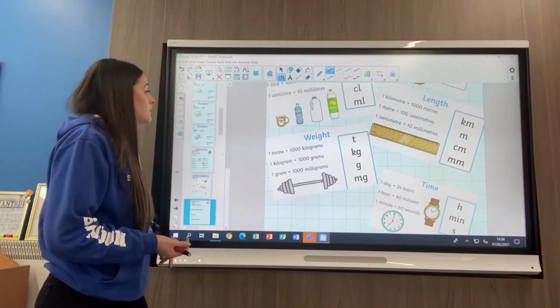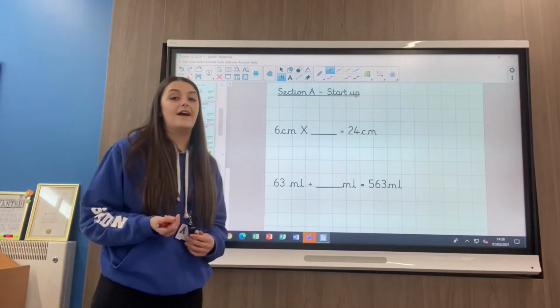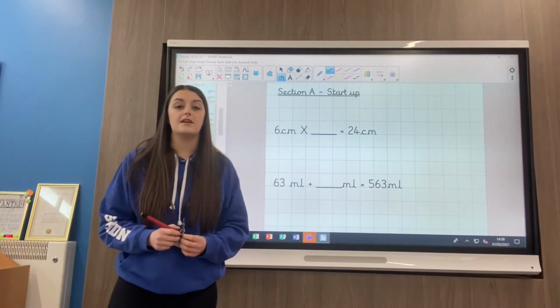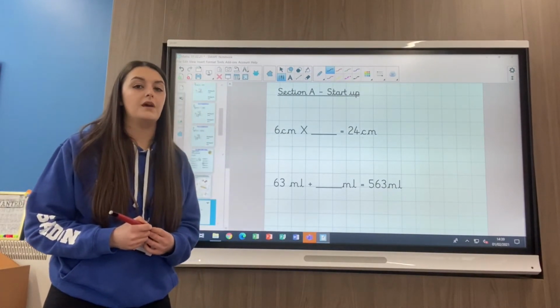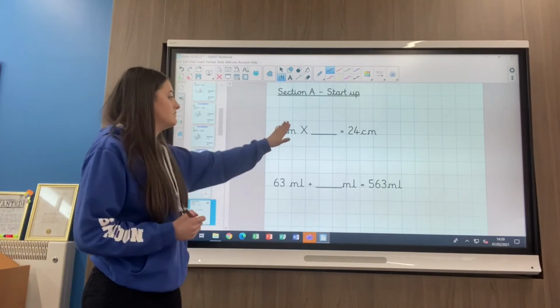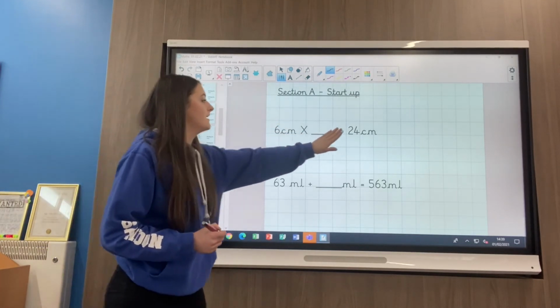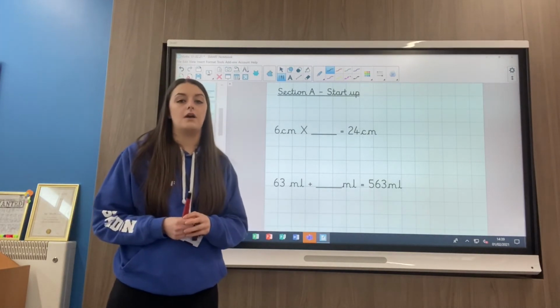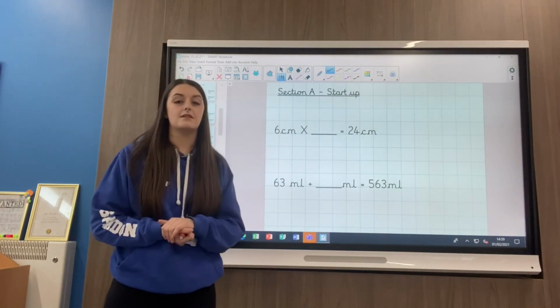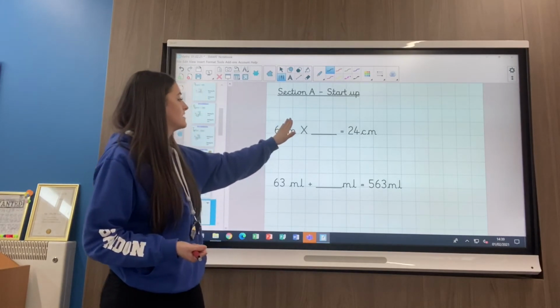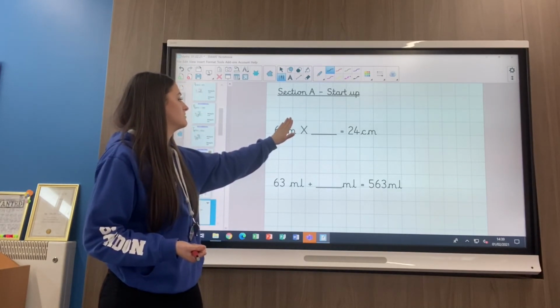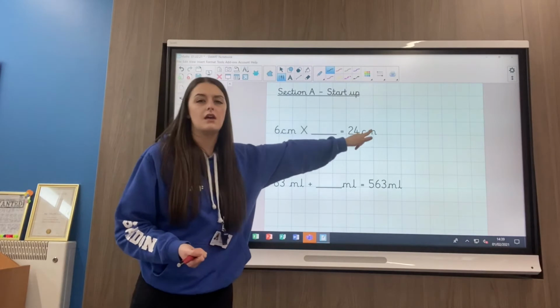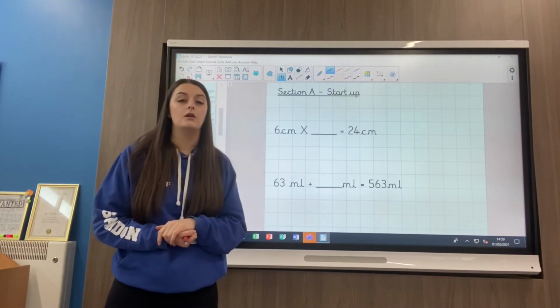So, a lot of your questions in section A today, you'll notice, have some measurements on them. Now, I don't want you to confuse these because actually the measurements are just telling you what it's been measured in, okay? So this one's about centimetres. Now, if we cover over the measurements, this question's just asking me 6 times what equals 24, okay?